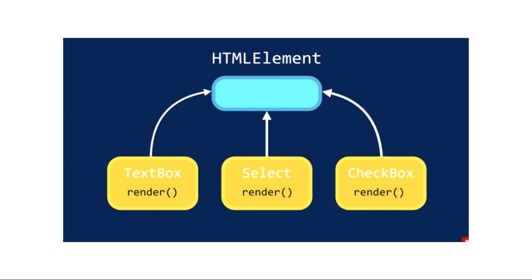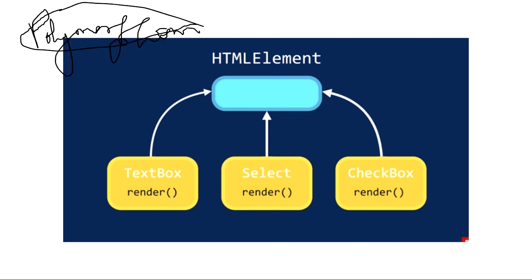Now the last thing comes: polymorphism. So what is polymorphism? Tell me what you understand by polymorphism. You have read all this. What is polymorphism?